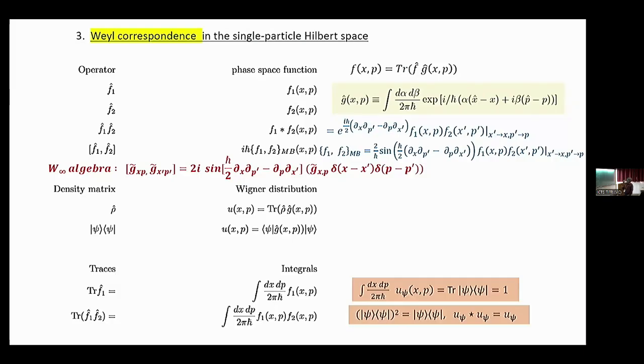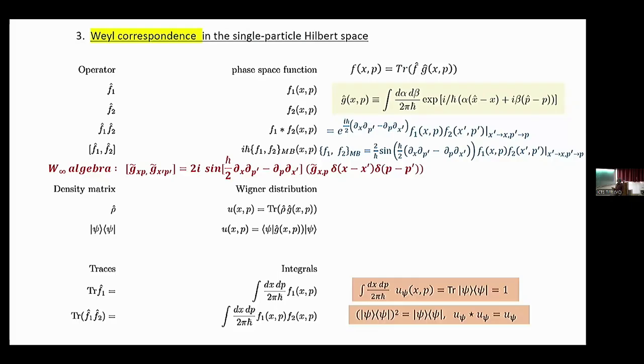And this generating function, this G hat, the Heisenberg-Weyl operator, has an algebra. Okay, so this is an important algebra. This is what is called the W infinity algebra. In fact, this is a quantum version of the algebra of canonical transformations in phase space.